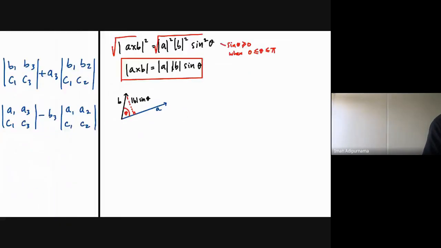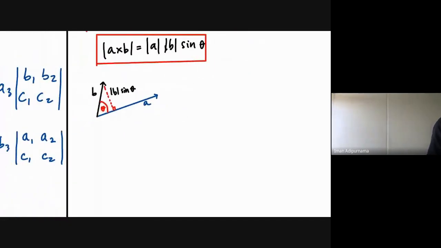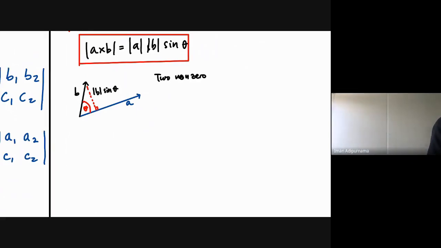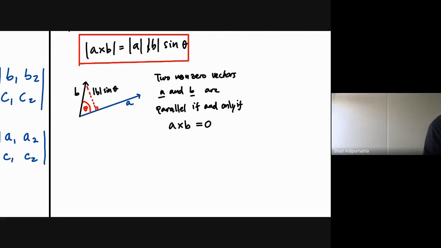So we can also conclude that two non-zero vectors, A and B, are both parallel if and only if A cross B is 0.